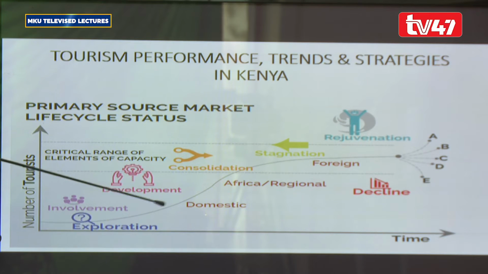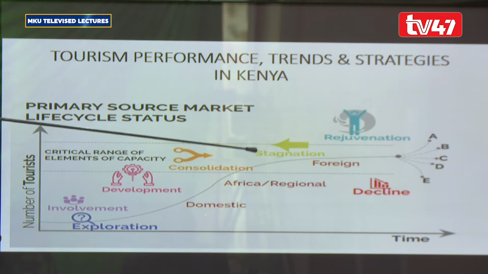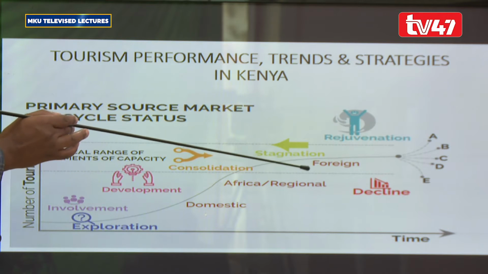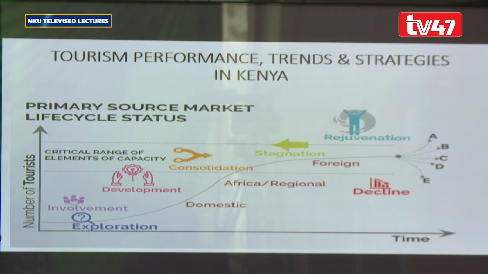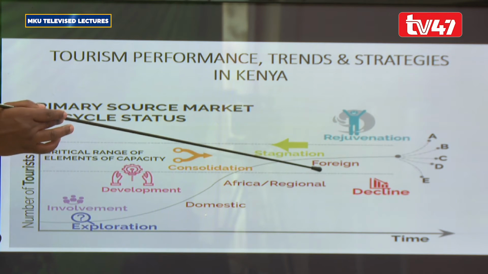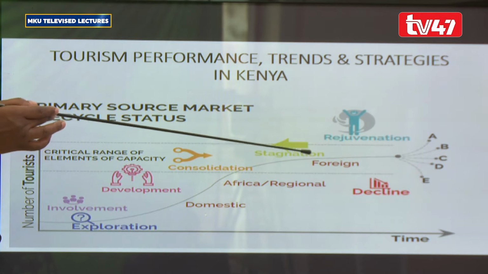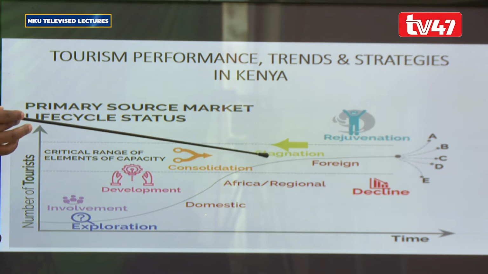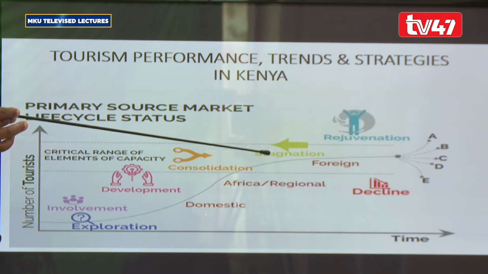And when you look at this graph here, this is where we have the domestic tourism development, or rather the domestic market, and the international market is here. Now, what does it mean? It means that when you look at the international market, as per the description, we have already reached our stagnation point.